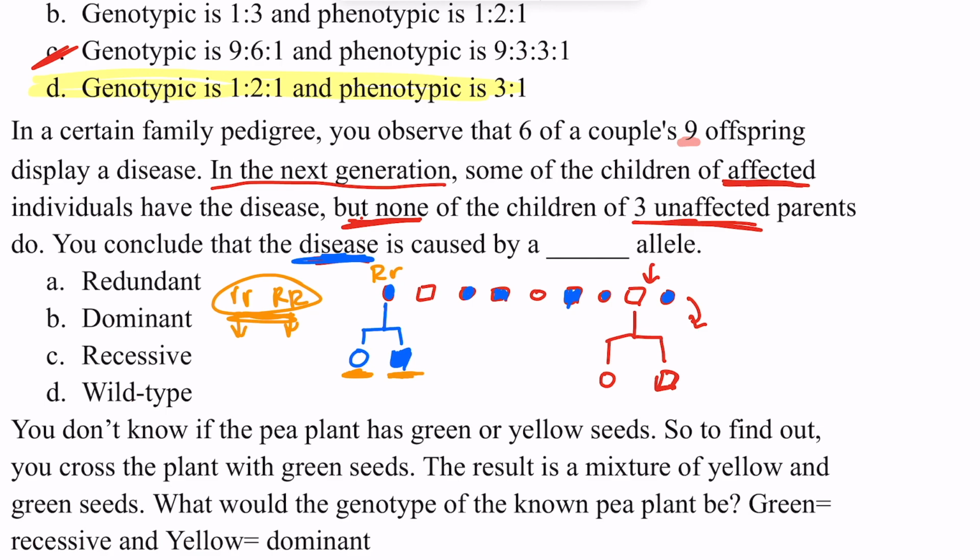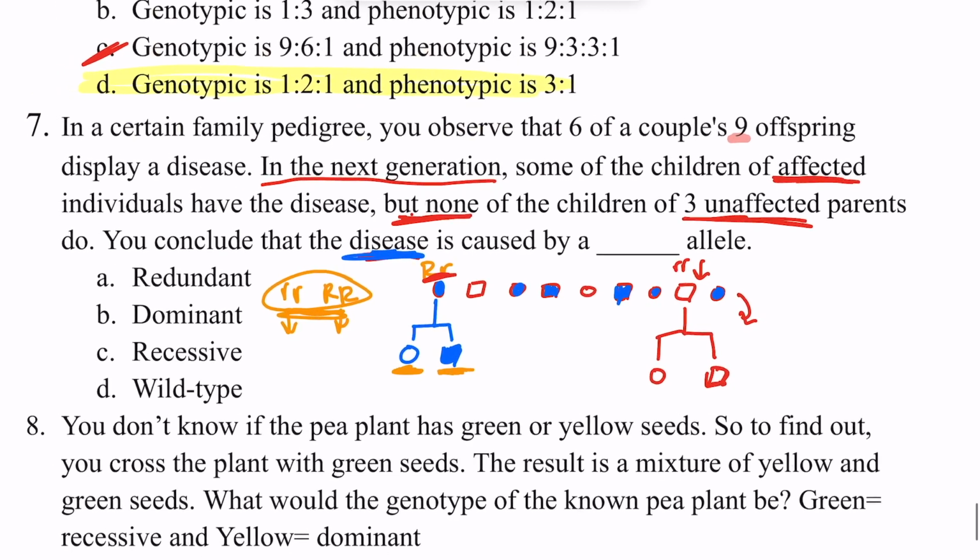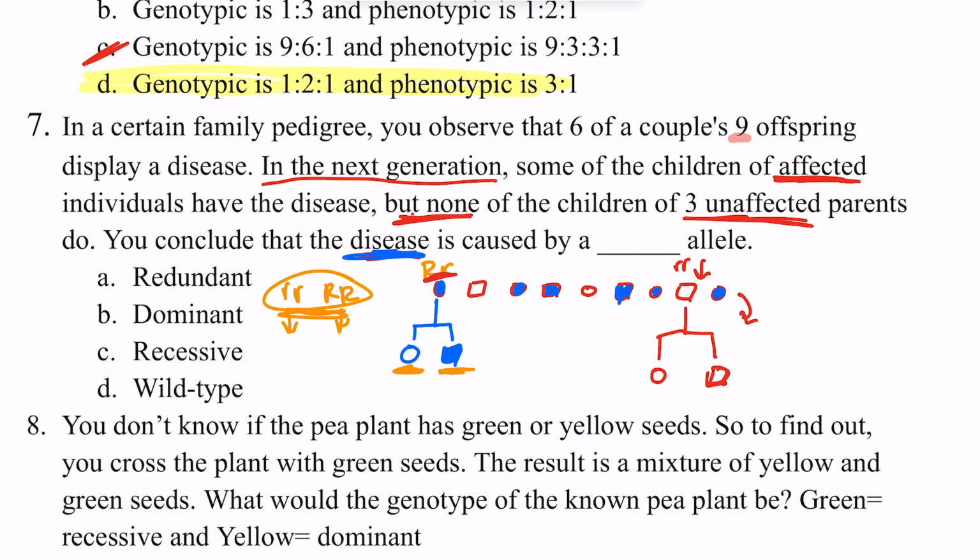So we have to assume that this one's recessive, right? And if we're looking at the disease, it's likely going to be dominant because recessive would skip generations. And it would make sense for the unaffected to be recessive and for the disease to be a dominant one. So B is the correct answer.